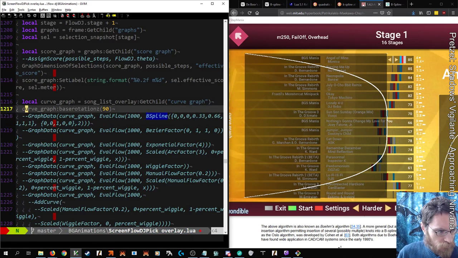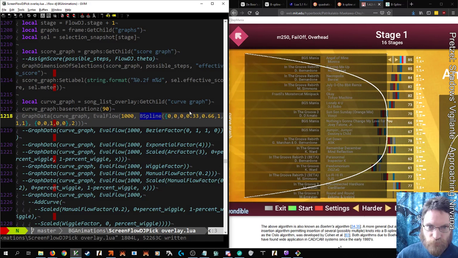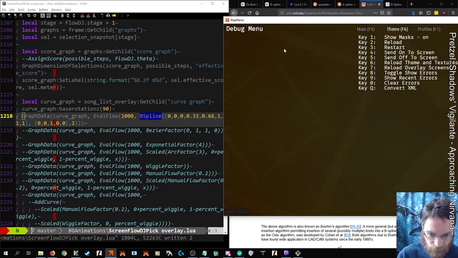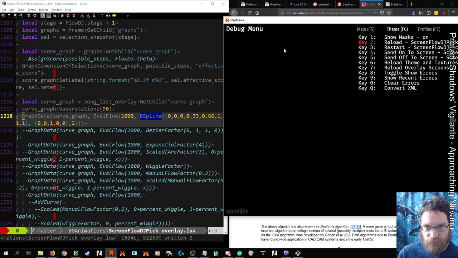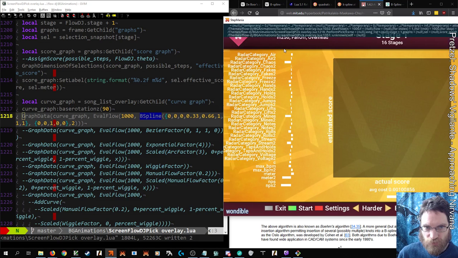But I think it probably has something to do with the fact that Lua is 1-based and the algorithm we're being given is 0-based, that is just throwing everything into chaos.